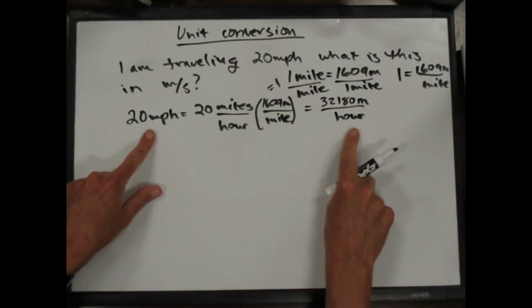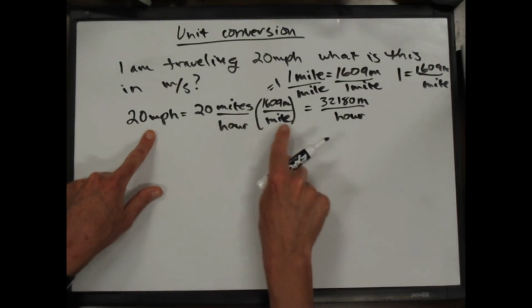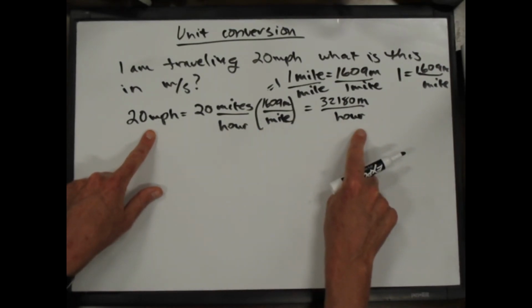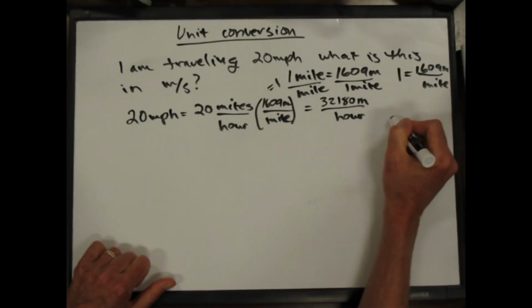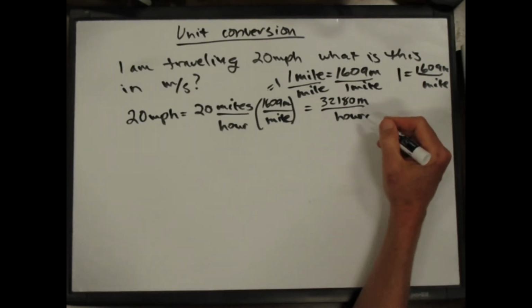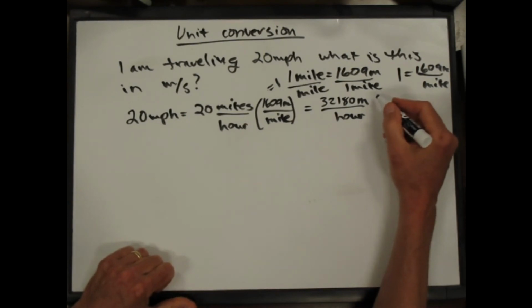These two have to still be equal because all I've done is multiply by 1. And now I want to multiply this by something to get my hours to seconds.